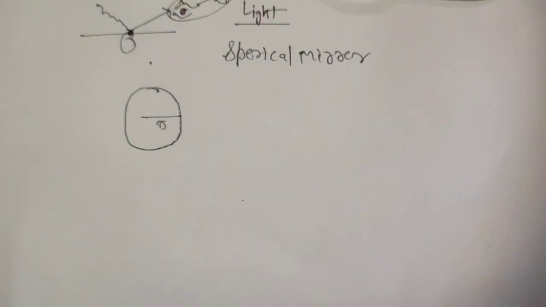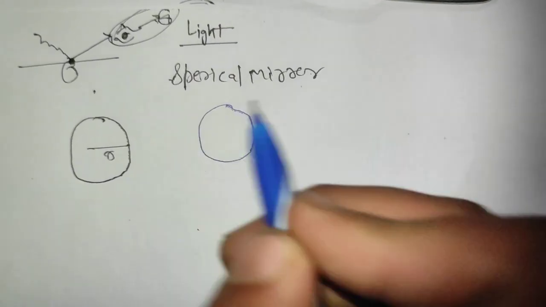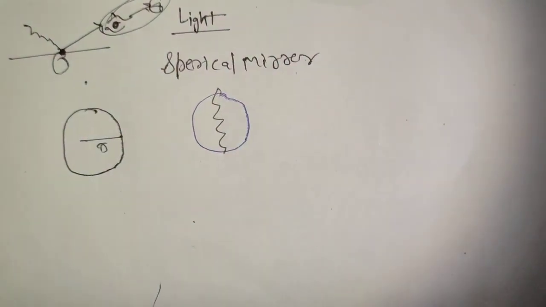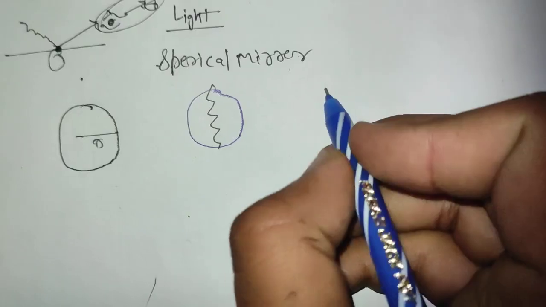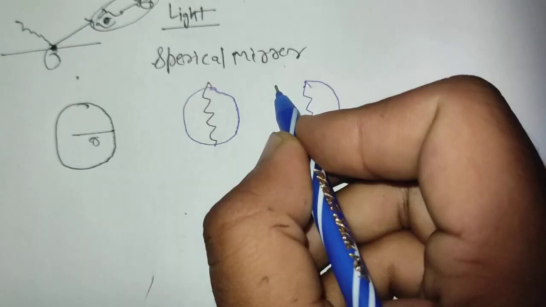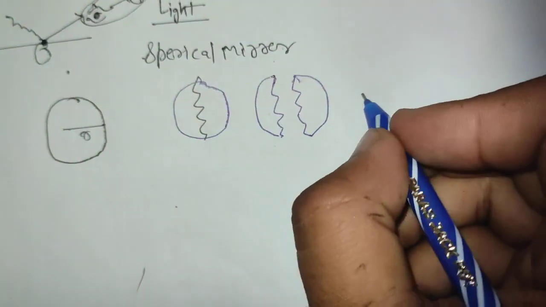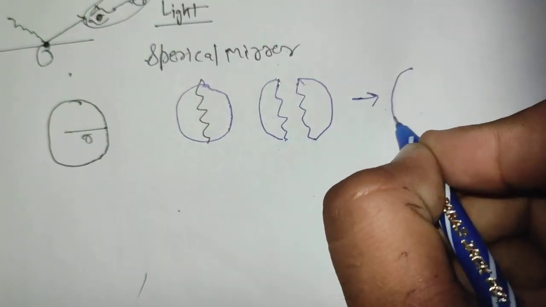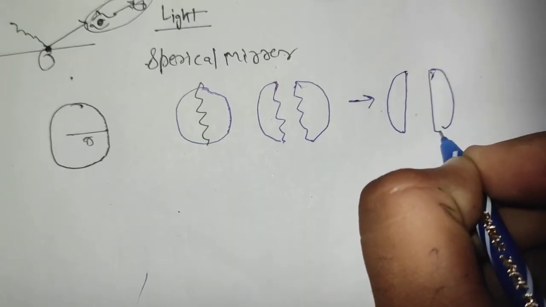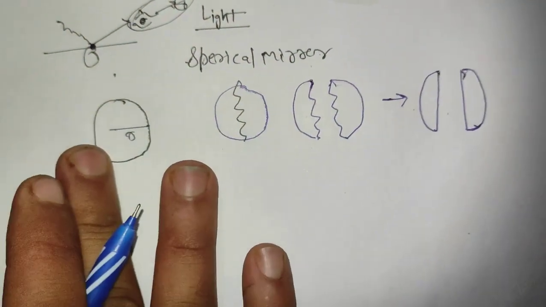If I cut it through the center, we get two sides of the mirror. First is this, second is this. Let's polish it, and after polishing we get this type of shape. Imagine you have a sphere, then you cut it and it splits into two parts.